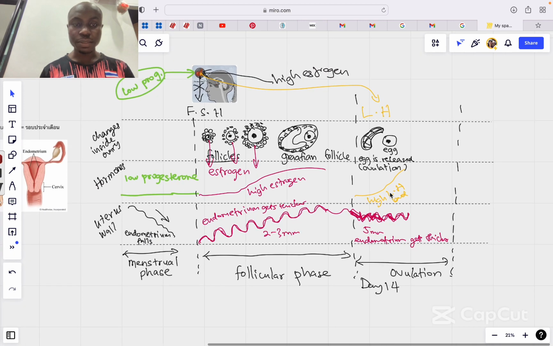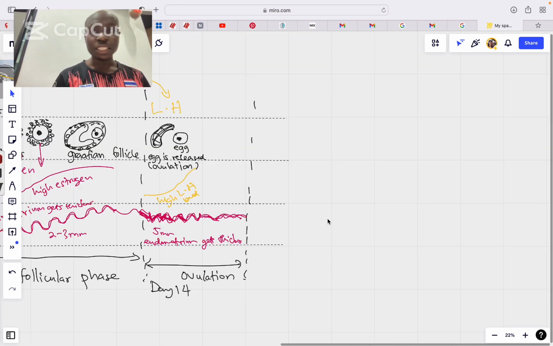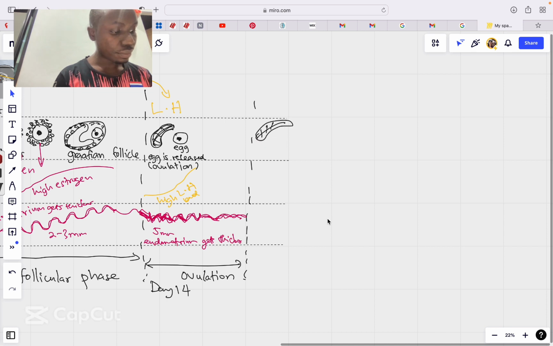Make it smaller. Okay. So in the next phase, after ovulation, the cells which were around the eggs, the cells in the Graafian follicle, let me write that here. Let me draw that here. The cells right here, we have a special name for that.